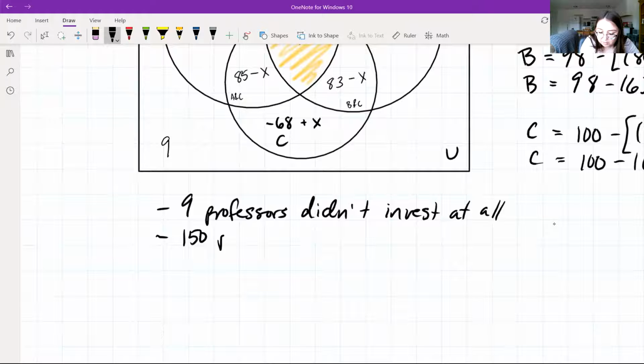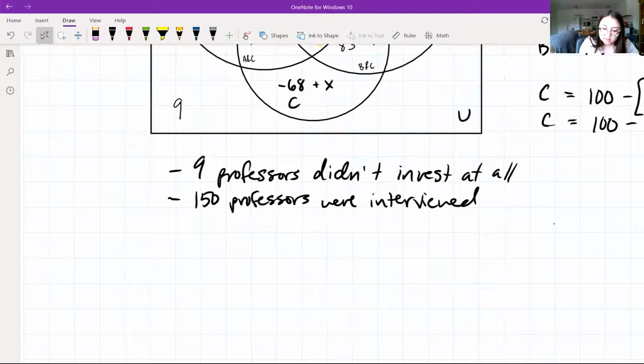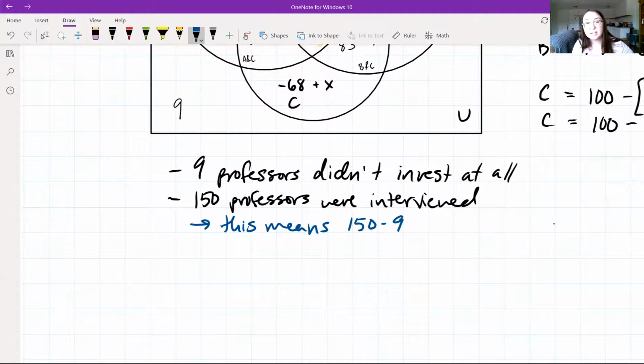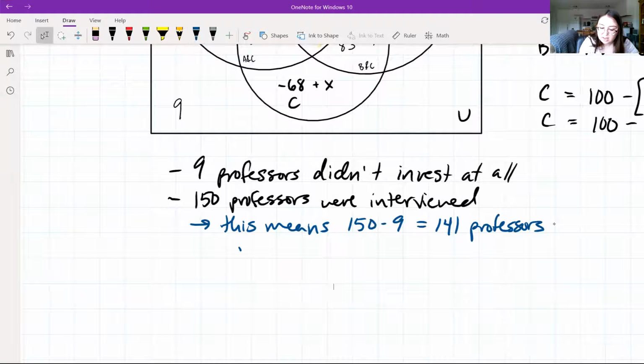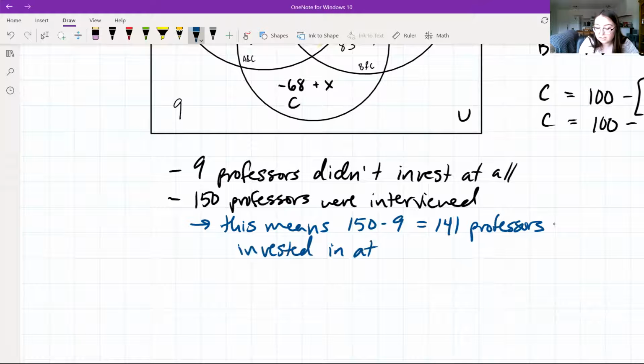So this means 150 minus 9, which is equal to 141 professors invested in at least 1.